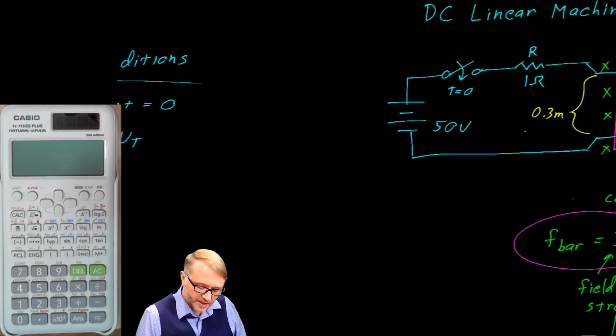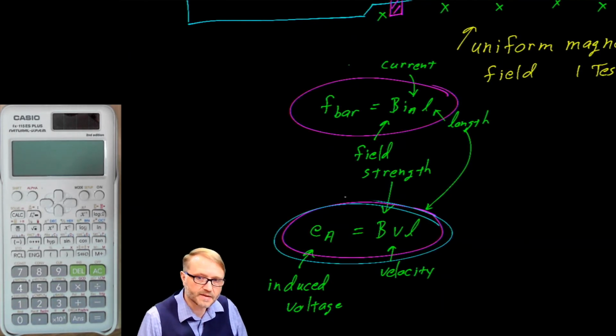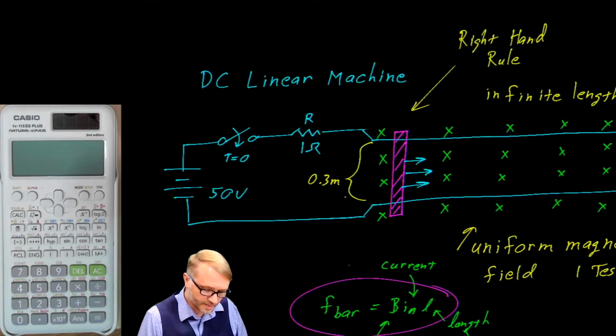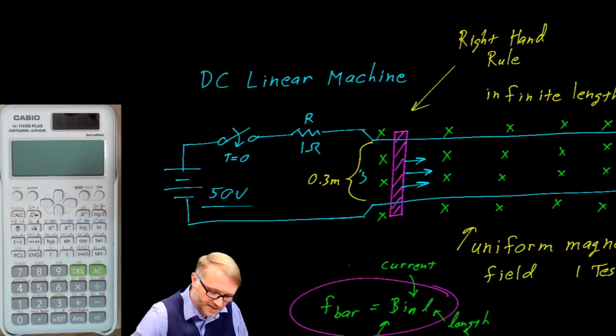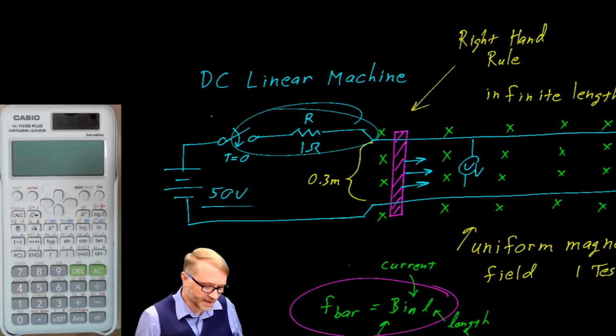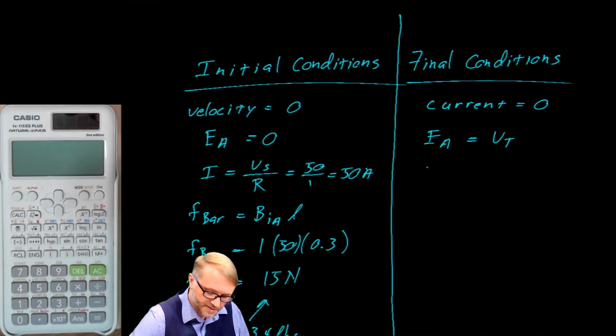So if you come over here, the voltage that's induced on the bar must be equal to the battery. If it wasn't, then there would be a current flow, right? If we did Kirchhoff's voltage law and we said this was 50 volts, and if we said this here was 50 volts, then there must be 0 current flow in that resistor. And we also said the force on the bar was equal to 0.